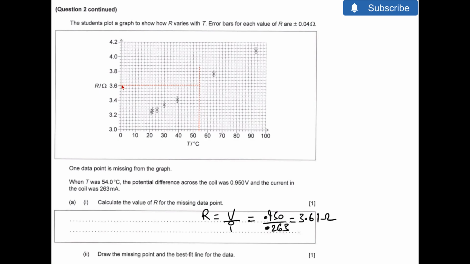So 3.61 would be somewhere like this, so this would be the point. And if I draw the best fit line for this data, then it would be like this. Obviously, this data has errors because these points are not equally spaced. So this is a best fit line for this set of data.